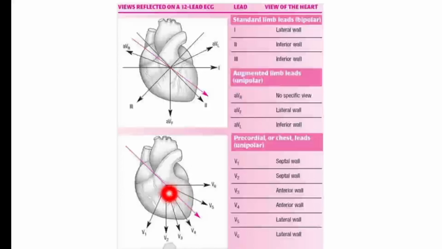The septal wall is denoted through V1 and V2, because of the placement of the ECG leads V1, V2, V3, V4, V5 and V6, the precordial leads. V1 and V2 are placed at the septal wall of the heart. That's why they denote the septal area of the heart.